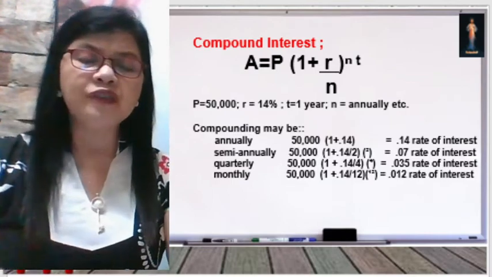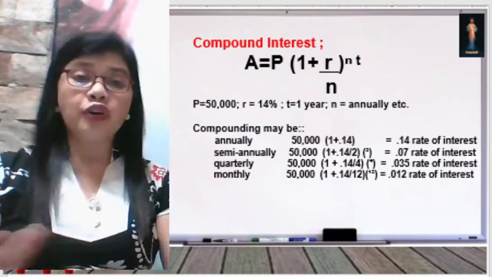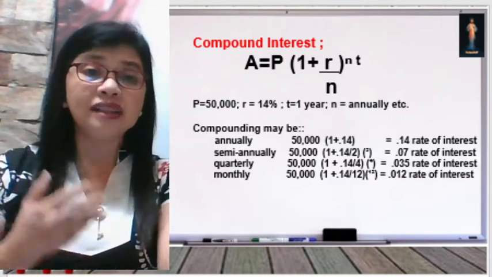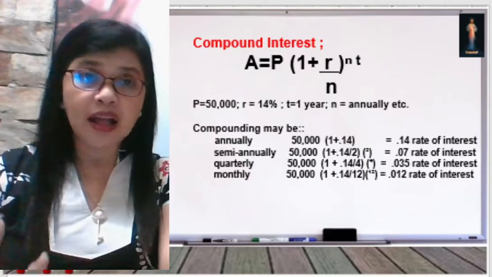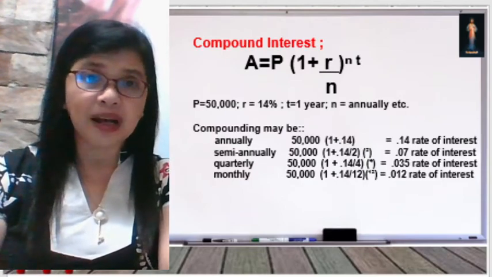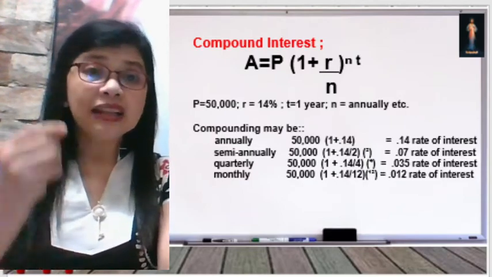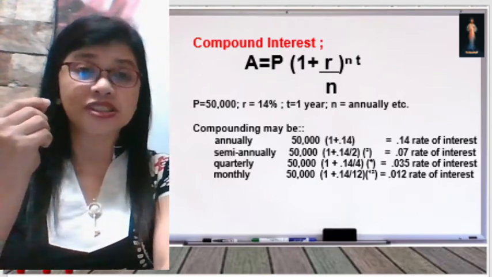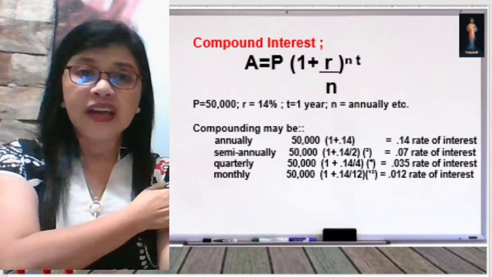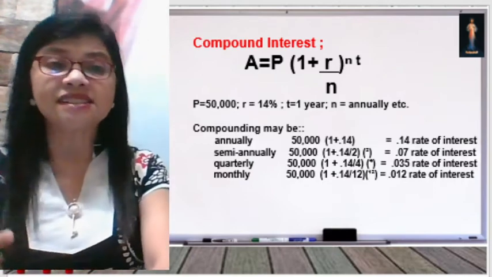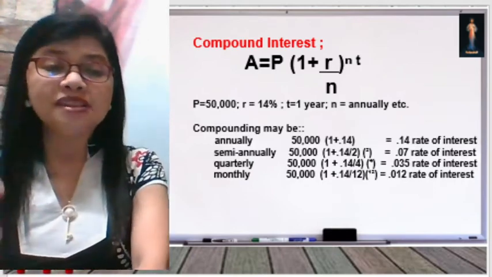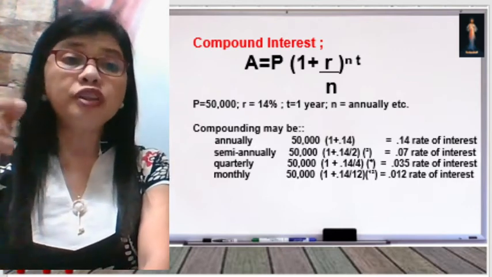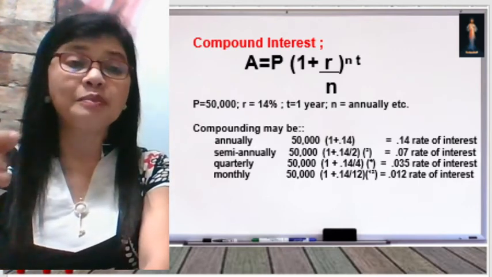So if the interest is compounded annually, for example, at 50,000 principal amount, multiply it by 1 plus the rate of interest, which is 0.14. That's annually. But if it says semi-annually, you multiply 50,000 by 1 plus 0.14 divided by 2.